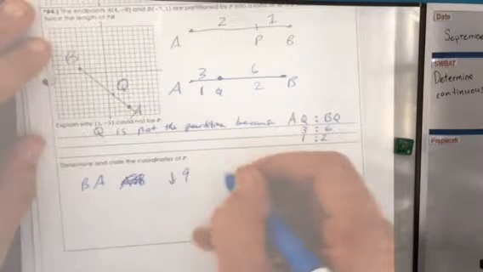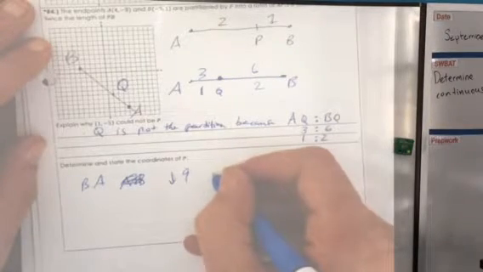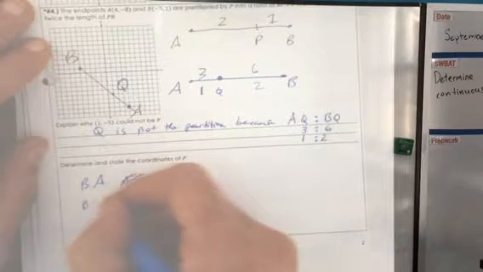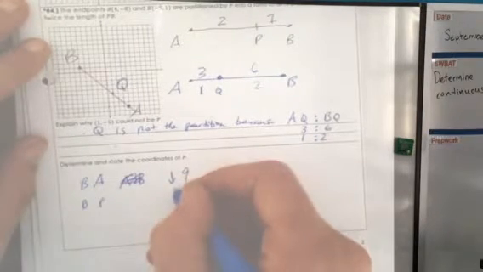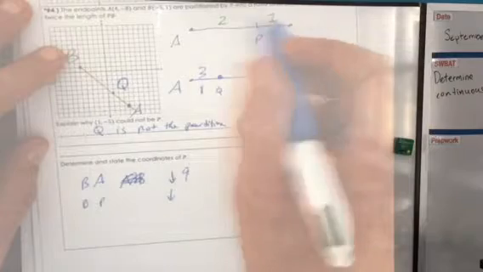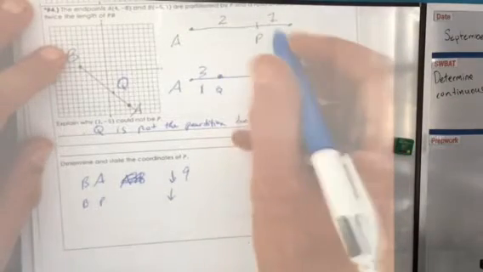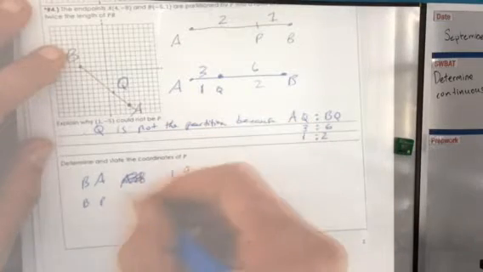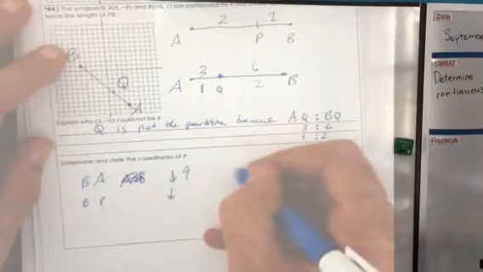So then a move for B to P is going to be a move down only, so compared to 1 and 2, right? So 9 divided by 3 is the 3 here.